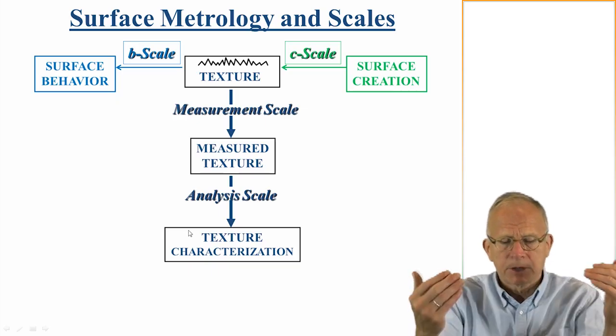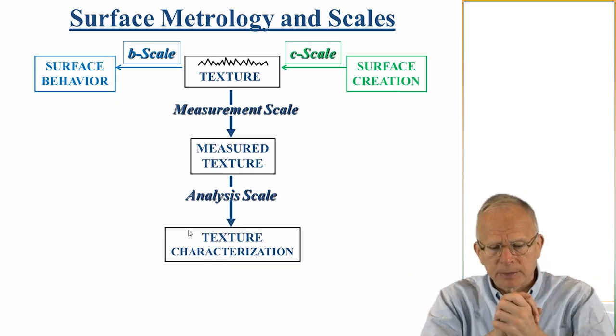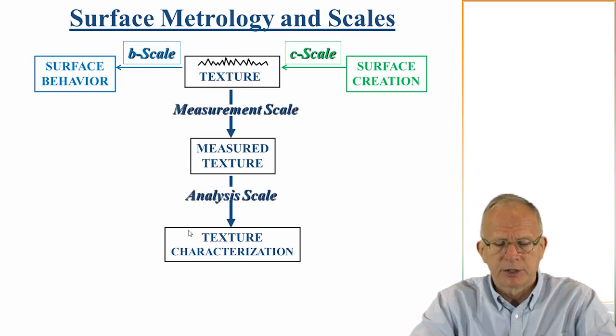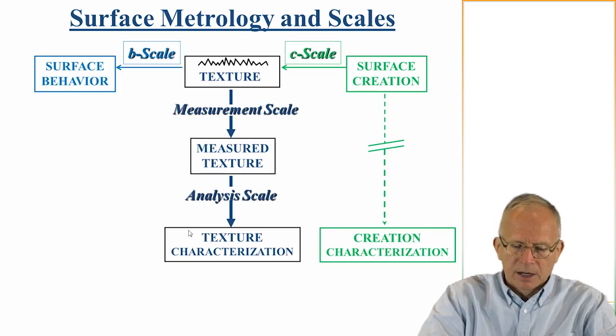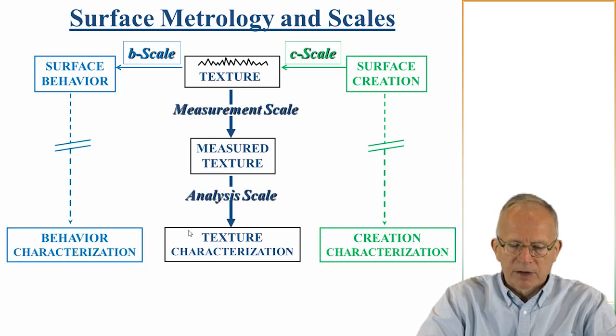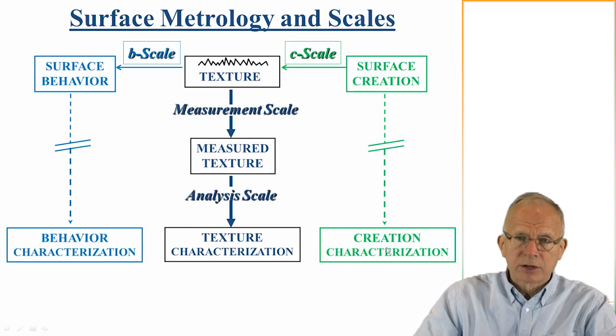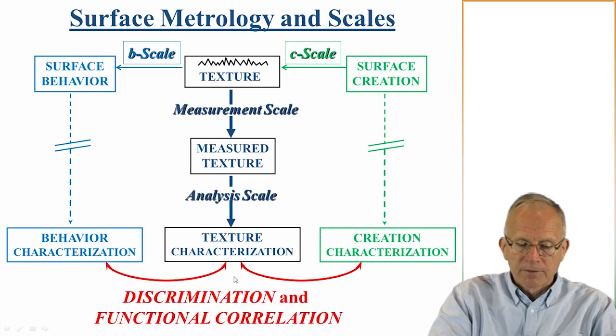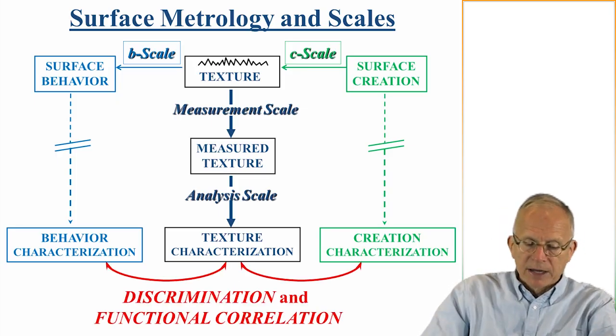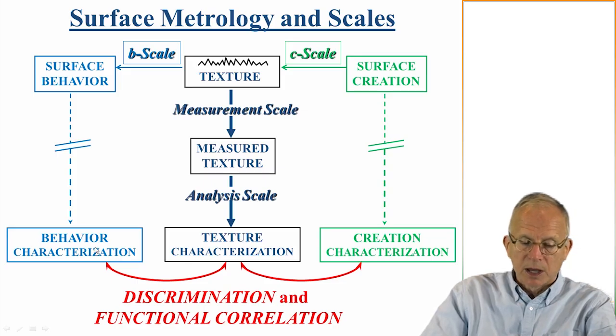Now, as we've seen, there are some analyses that work better than others. So what's the difference here? So we're getting some sort of texture characterization, and we have some way of characterizing the surface manufacture, like the feed and the microstructure, which we haven't developed much in this case, or the behavior characterization, which was sort of our main point. And in that case, it's the friction. And so what we're looking for is ways of finding, in this case, functional correlations between the texture characterization and the behavior.